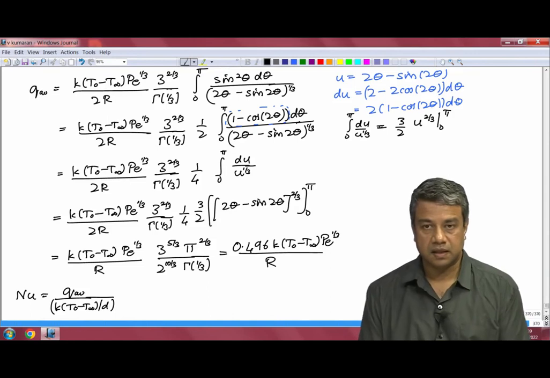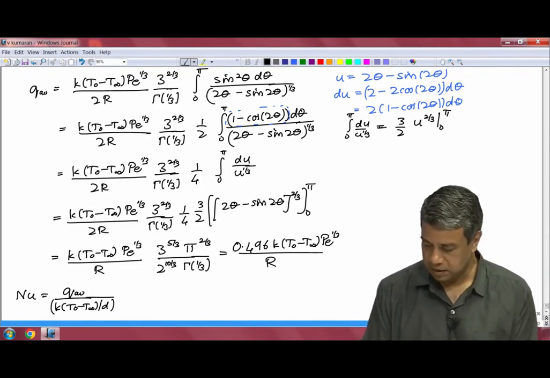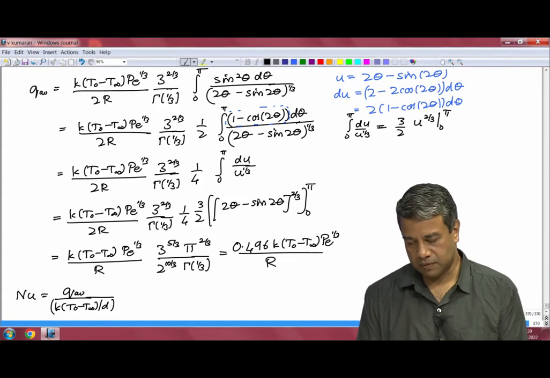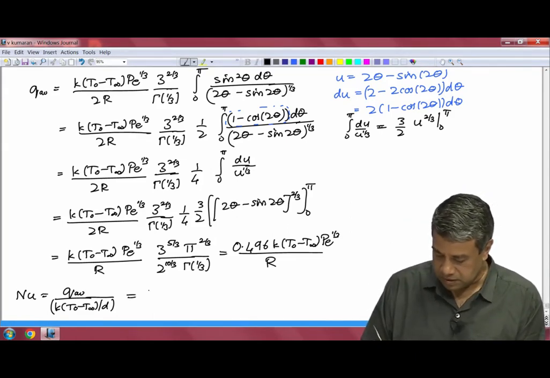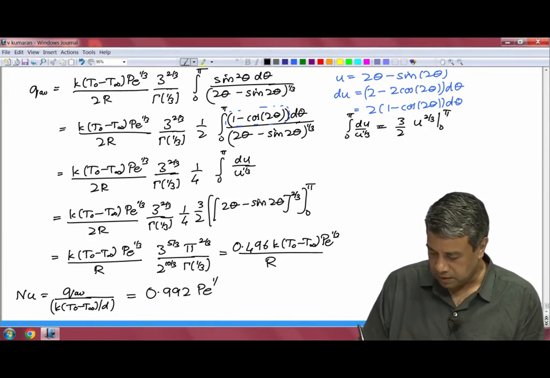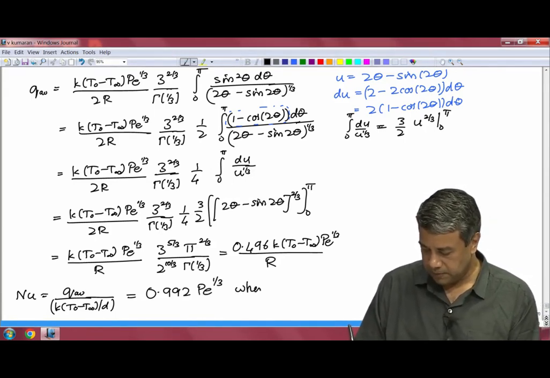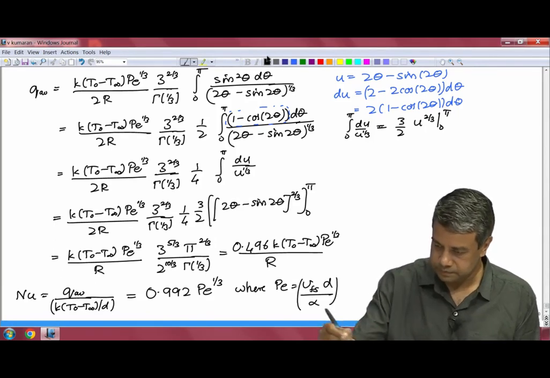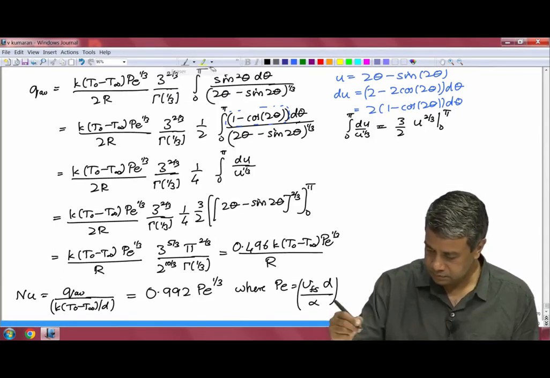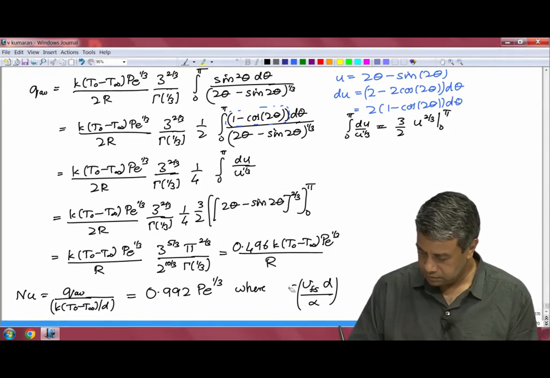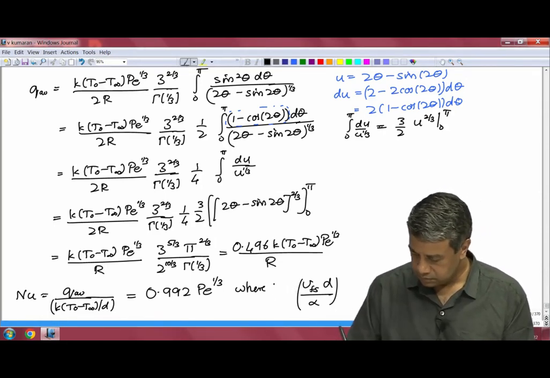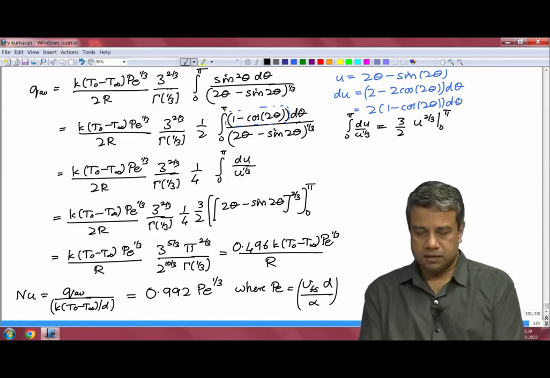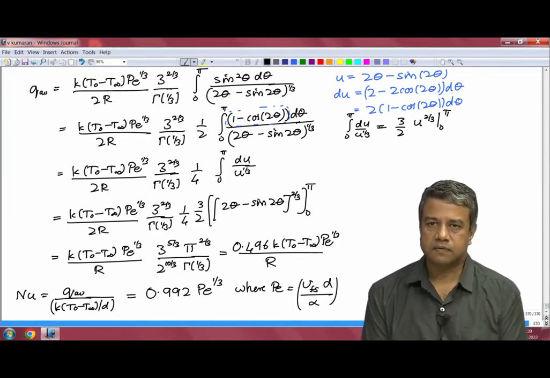Classically, the Nusselt number is scaled by the diameter, and if you put that in, you will get the correlation as 0.992 Pe^(1/3), where Pe is V free stream into the diameter by alpha. So, this is the correlation for the flow past a sphere.